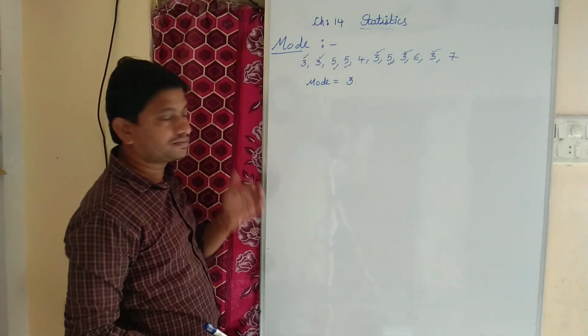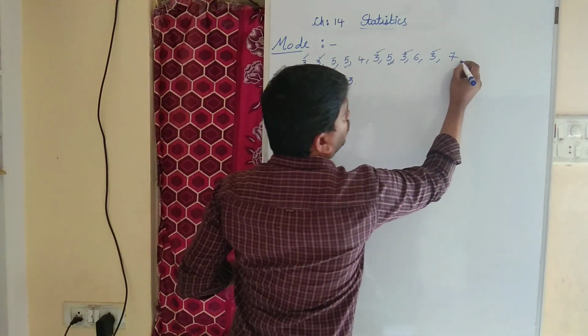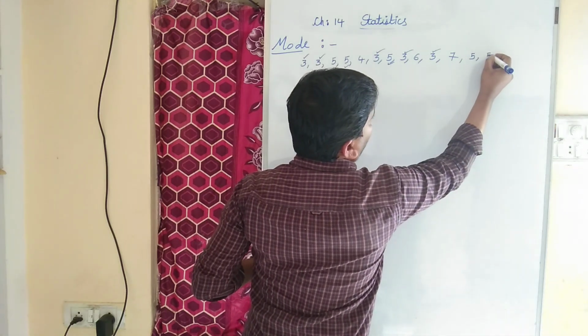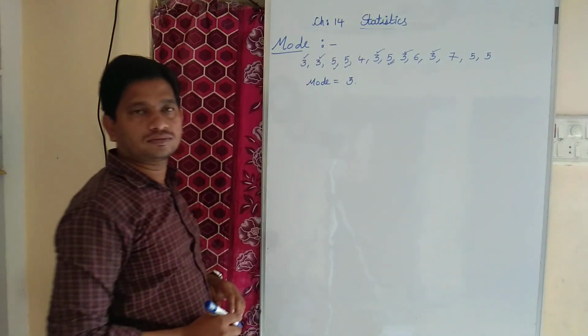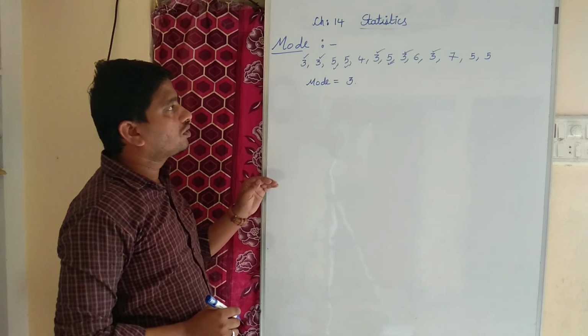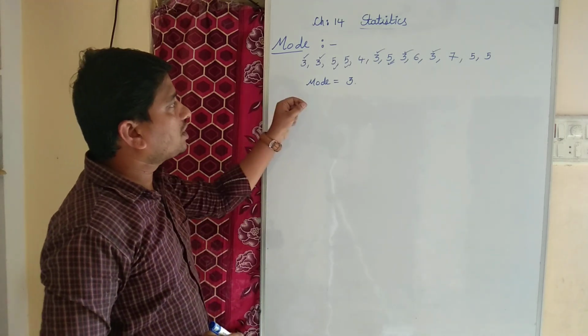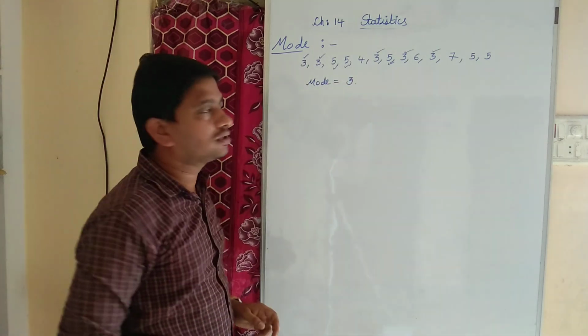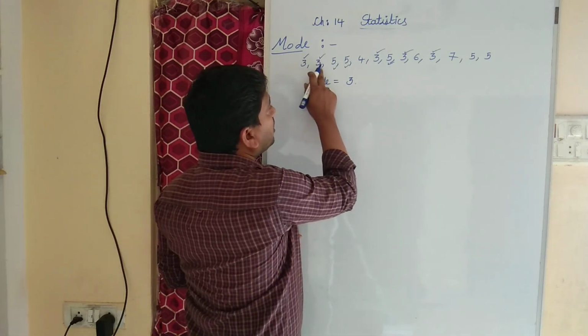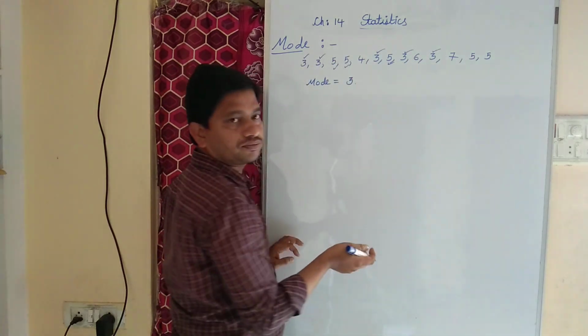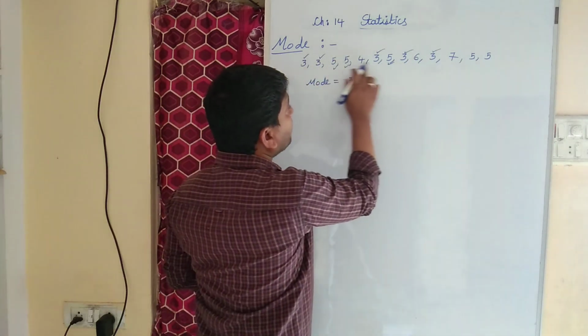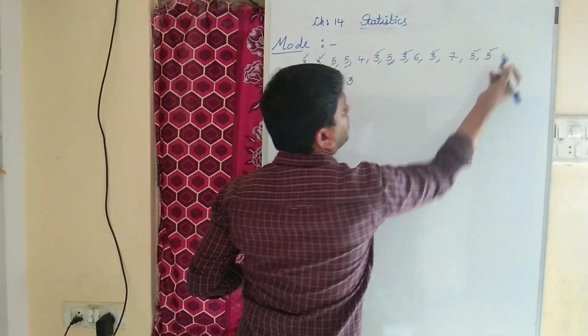For example, if we include 2 more observations, that is 5 and 5, now can you tell me what is the mode of the given data? Here 3 is repeating 5 times and also 5 is repeating 5 times.